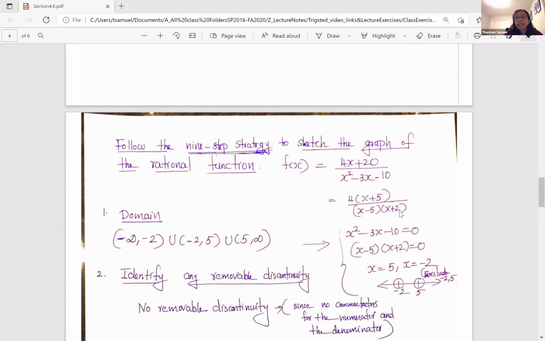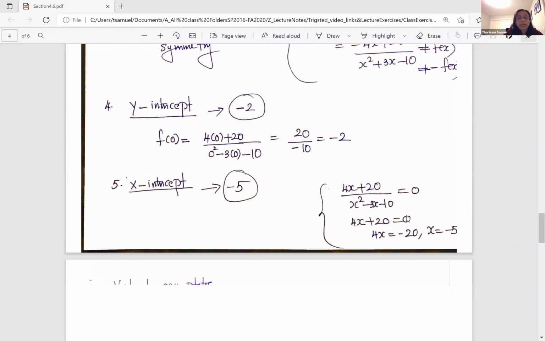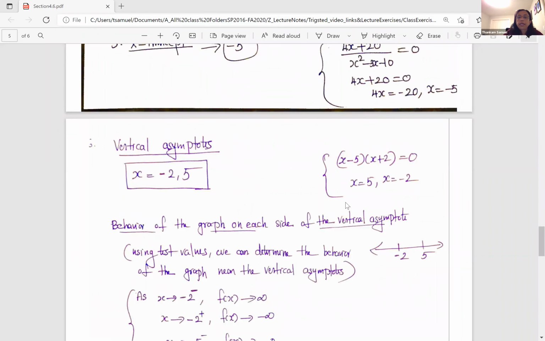So we set the denominator factors, x minus 5 equals 0 and x plus 2 equals 0. Setting x minus 5 equals 0, we get x equals 5. Setting x plus 2 equals 0, we get x equals negative 2. So the vertical asymptotes are x equals negative 2 and x equals 5.